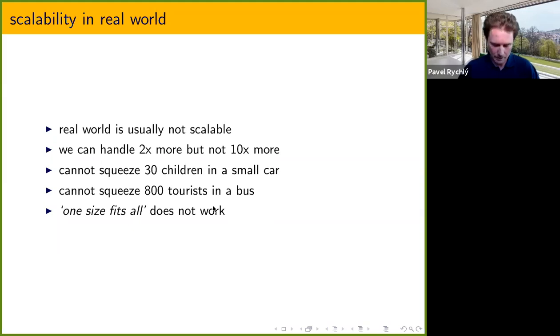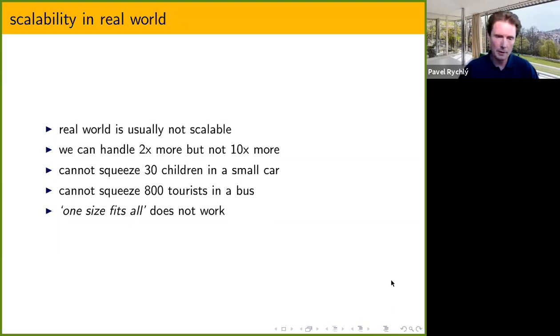So the real world is not scalable, and we know that it is not scalable, and we do not expect that it is scalable. There are from time to time, for example, clothes which are labeled one size fits all, but usually this does not work. It's not really for all.